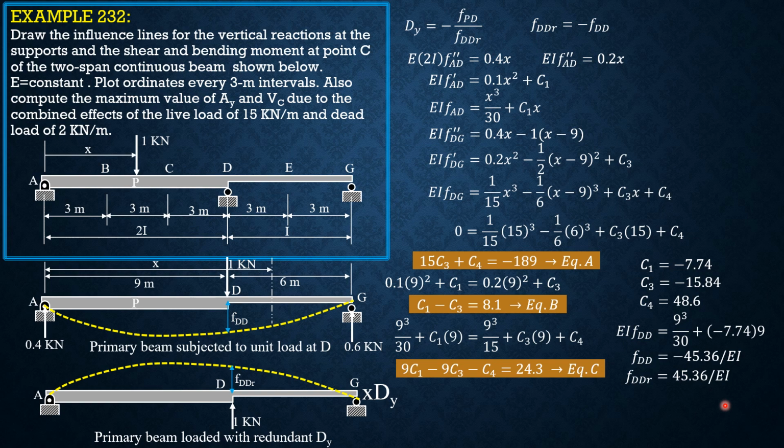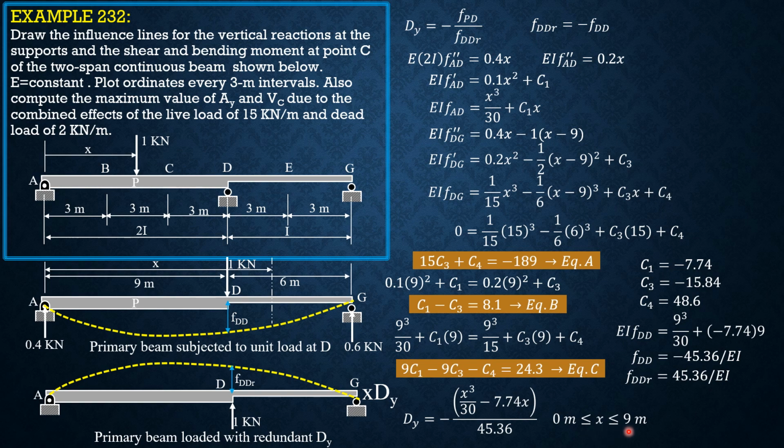Therefore, the formula for dy from 0 to 9 would be this, divided by FDDR. So dy is negative of quantity x cubed over 30 minus 7.74x, over 45.36, from 0 less than or equal to x less than or equal to 9.